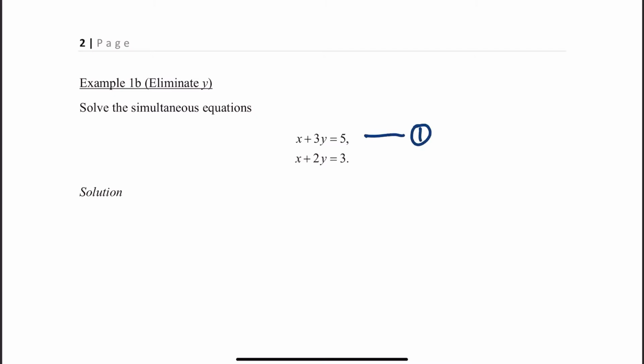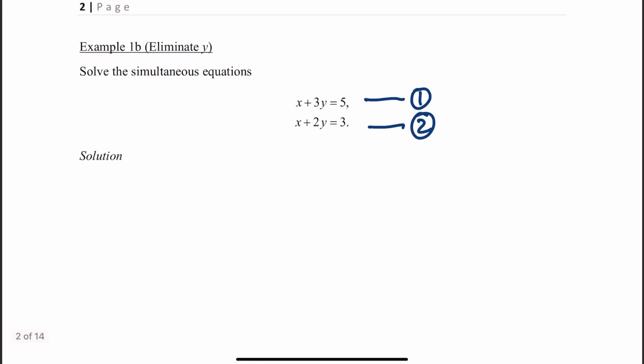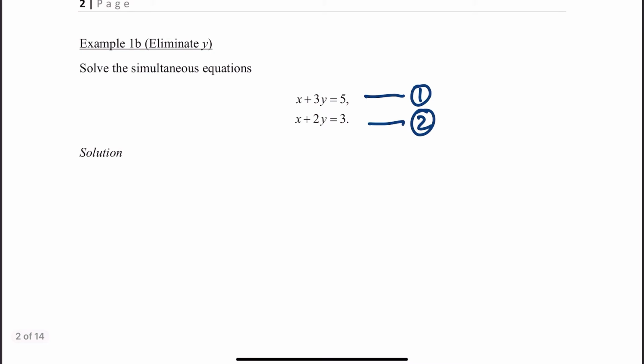So again, I'm going to name this as equation 1, this as equation 2, and now it's not so straightforward because I can't just take 3y minus 2y, there's still a y. I can't take 3y plus 2y, for example, and that's still going to give me 5y. So I can't just eliminate y just like that. So I need to do something to it.